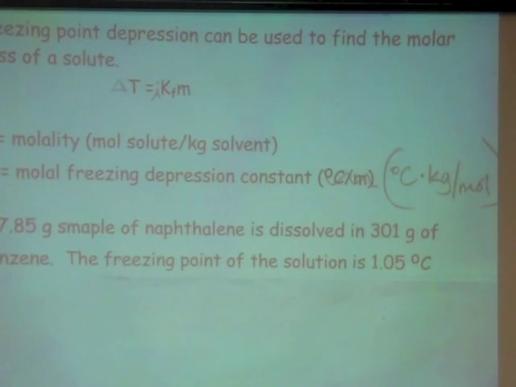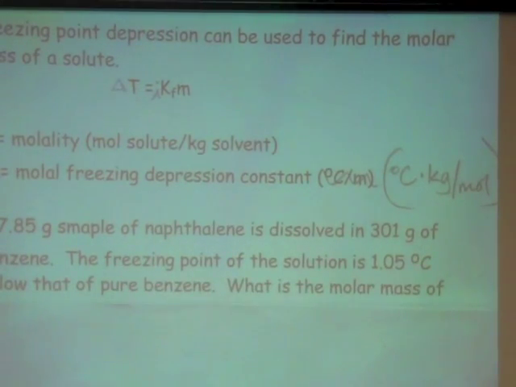The freezing point of the solution is 1.05 degrees Celsius below that of pure benzene. What is the molar mass of the naphthalene? So you're putting 7.85 grams of naphthalene into 301 grams of benzene. The freezing point is going to change by 1.05 degrees Celsius. We want to know what's the molar mass of the naphthalene, of the solute.